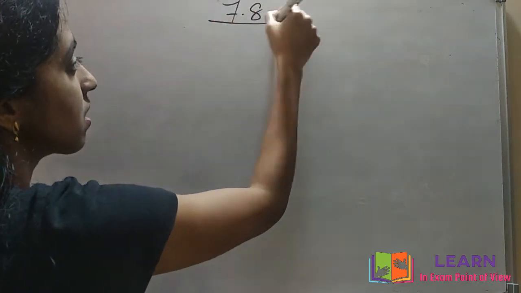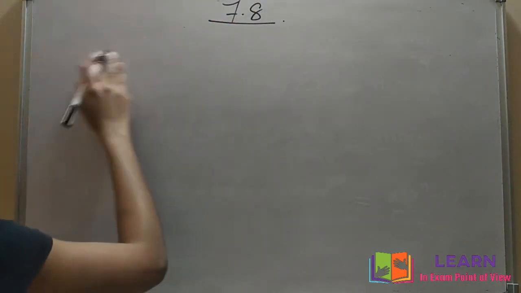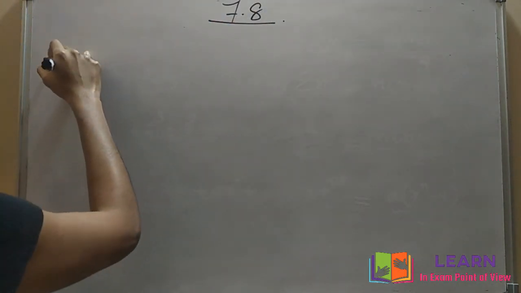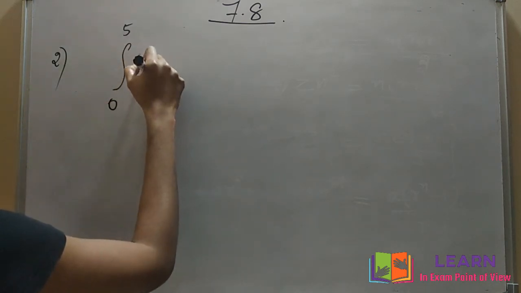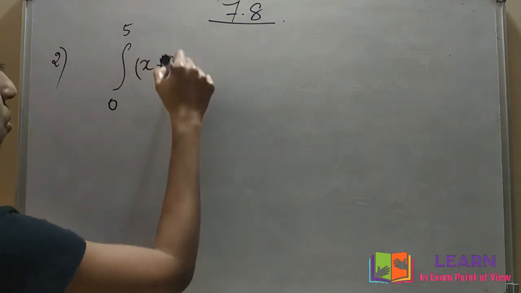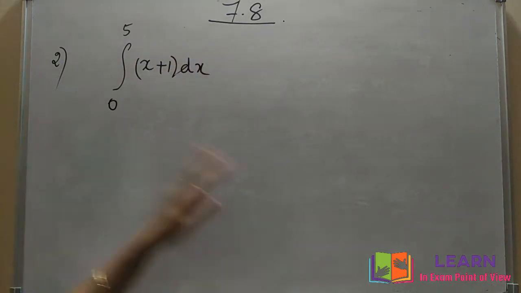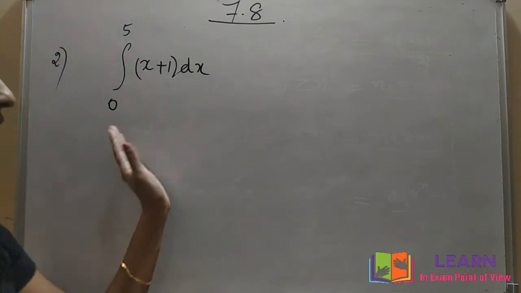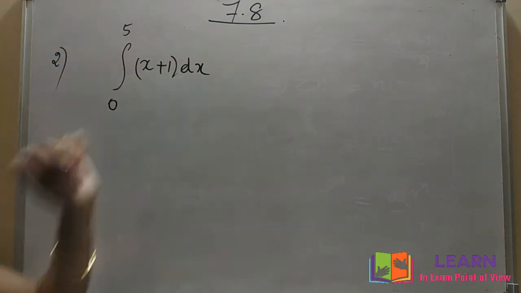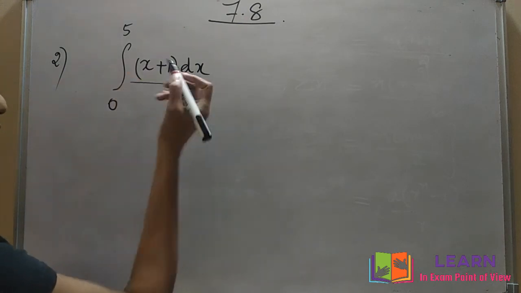So exercise 7.8. The second question in that exercise is the integral 0 to 5 of x plus 1 dx. This we have to integrate as a limit of sum. For that, there is a formula. This is f of x, right?